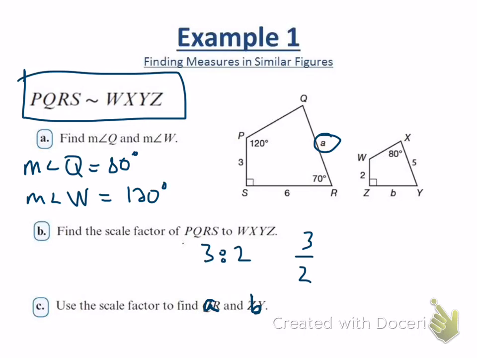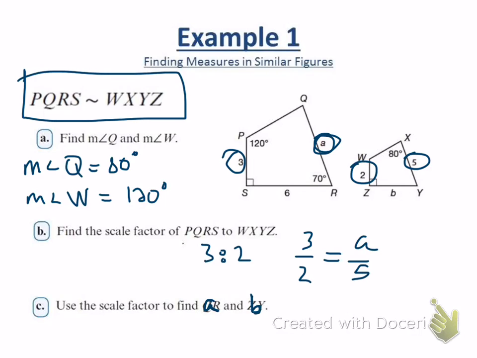I'm not impressed by your logical ability to figure things out. I want you to know the process because the process is going to take you a lot farther than knowing the answer. So 3 to 2 is the scale factor, and 3 to 2 equals A to 5, right?